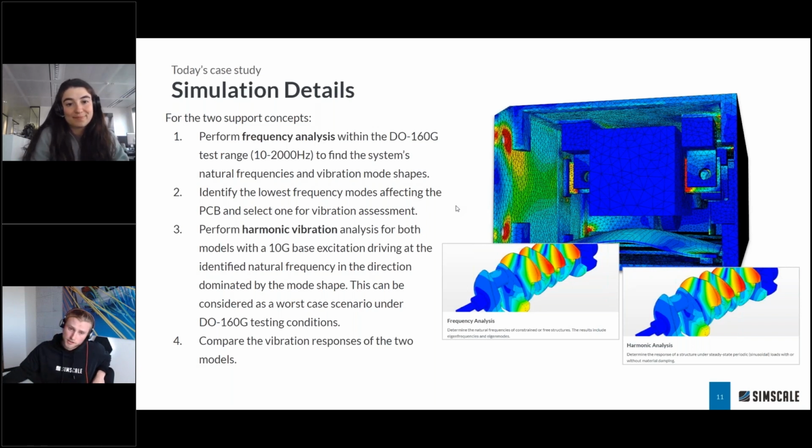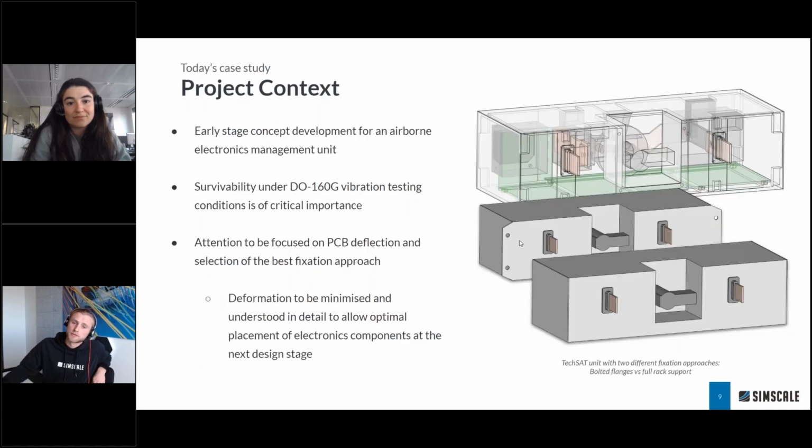I forgot to mention that the variable that we will change for this project is actually the fixation approach. So how do we want to fix the whole unit to the aircraft? That's going to significantly affect the vibrating behavior.